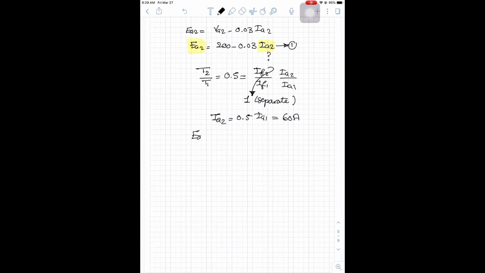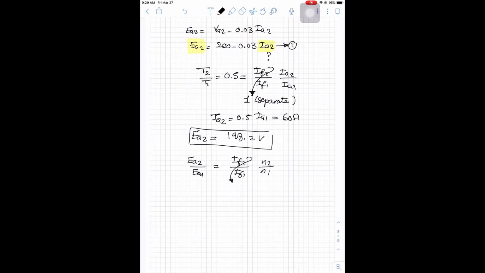So we can substitute in equation 1 to get EA2. EA2 will be 200 minus 0.03 multiplied by 60 amperes, which gives us 198.2 volt. Once we have EA in case 2, we can calculate the speed in case 2. EA2 over EA1 equal to IF2 divided by IF1 times N2 divided by N1.